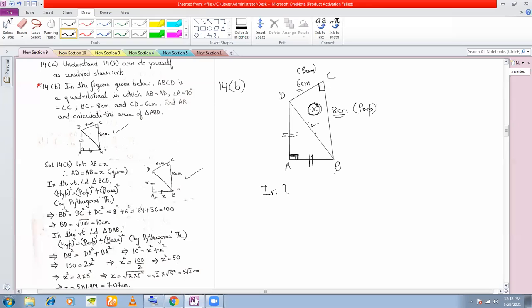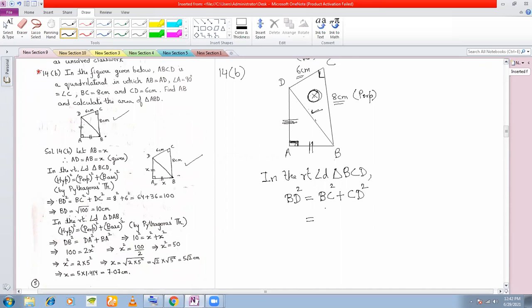We write, in the right angle triangle BCD, hypotenuse square. We have identified the hypotenuse to be this side. So hypotenuse is BD. So BD square is equal to perpendicular square. Perpendicular is your BC, plus base square. Base here is CD or DC, whatever you call it.